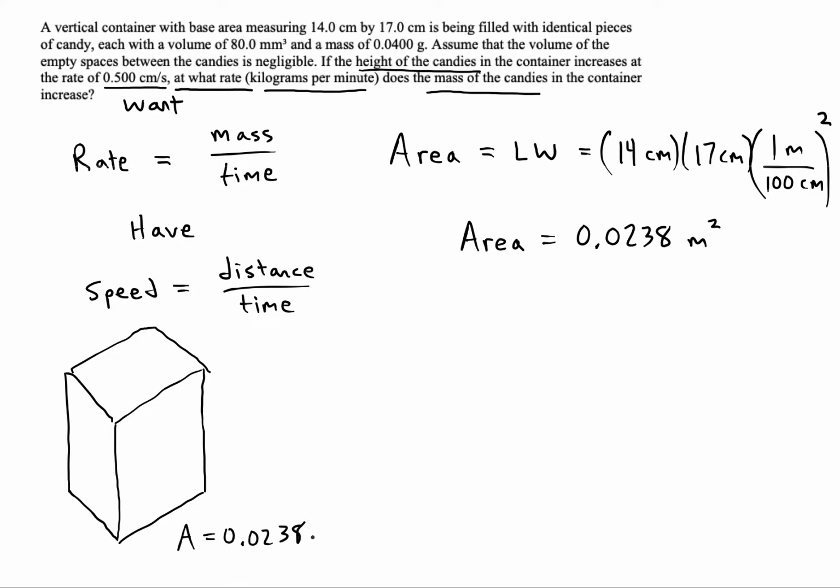And there's a height of candy that's steadily rising. I'm just going to draw it halfway up the column. That thing would have a height, h. But not only that, its height would be changing with time.